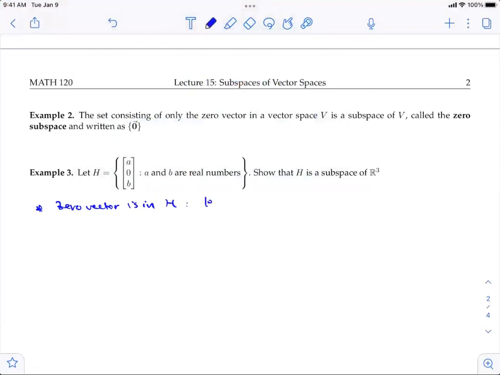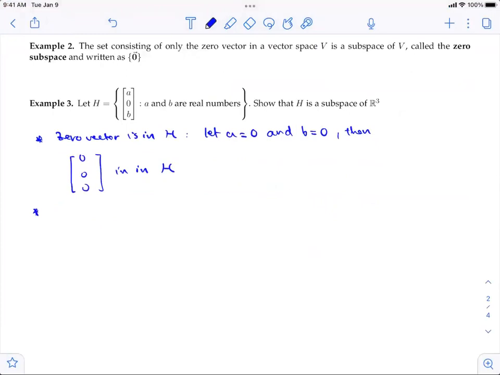If you let a equal 0 and b equal 0, then you have the zero vector 0, 0, 0 is in H. So the subset H satisfies the first condition, that H is not an empty set and that the zero vector is in H. Now the second condition, closed under vector addition.